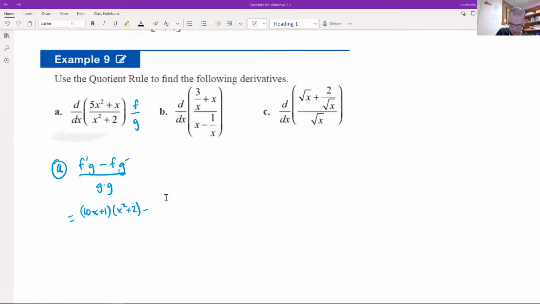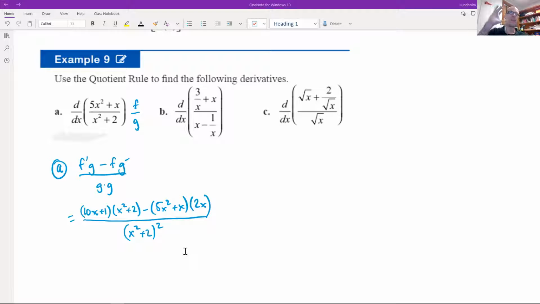We're subtracting then f, which is 5x squared plus x, times the derivative of the denominator, which is 2x. And that's it, because the constant 2 just goes to 0. And then in the denominator, we've got g times g, which is x squared plus 2 squared.